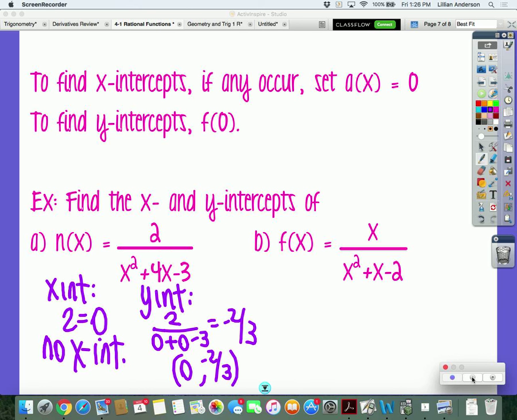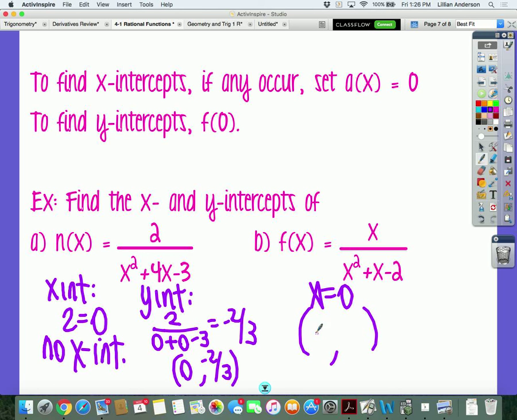All right, so we got to find our x-intercept. Alexis, what do I do? X equal to 0? I'm confused. The numerator equal to 0. Okay. Well, hey, I'm done, aren't I? Cool. What's my x-intercept? 0, 0, yes. Not cheating, but if the x-intercept is 0, 0, then you automatically know what the other one is.